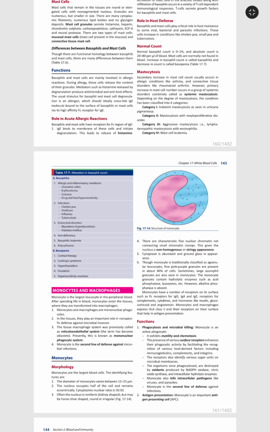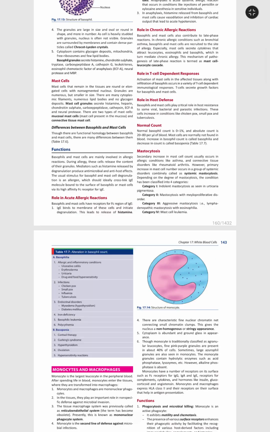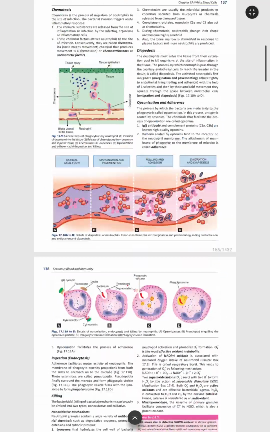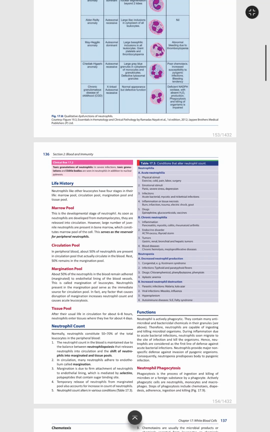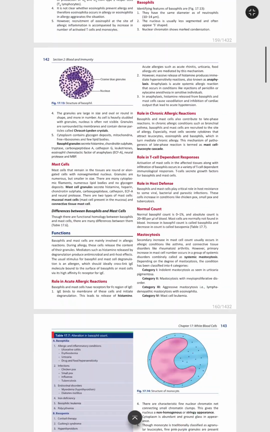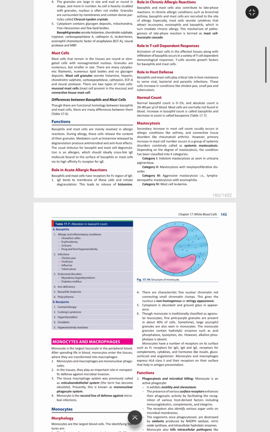Neutrophils decrease in influenza, basophil increase in influenza. Basophil increase in influenza and neutrophil decrease in influenza. Okay, so basophil also increases in iron deficiency, polycythemia.